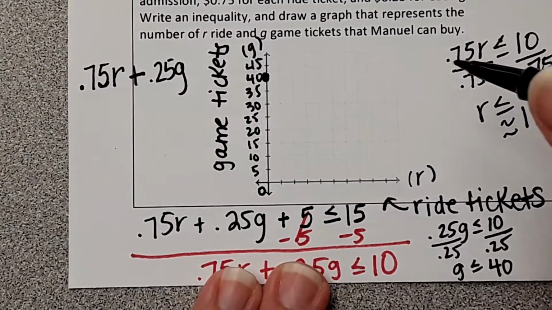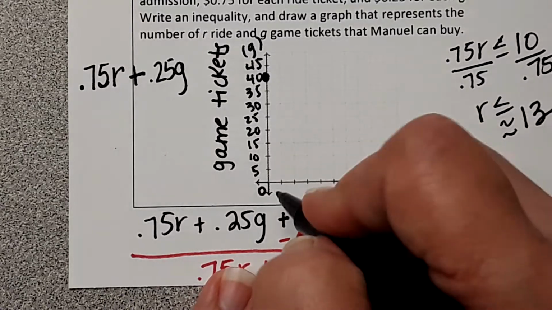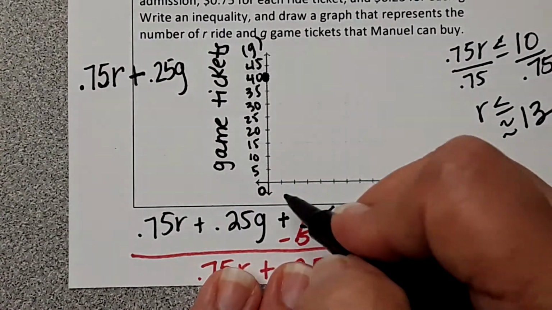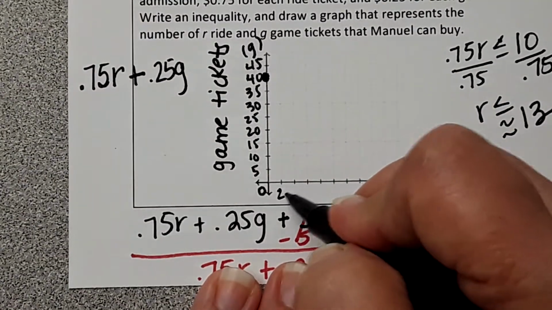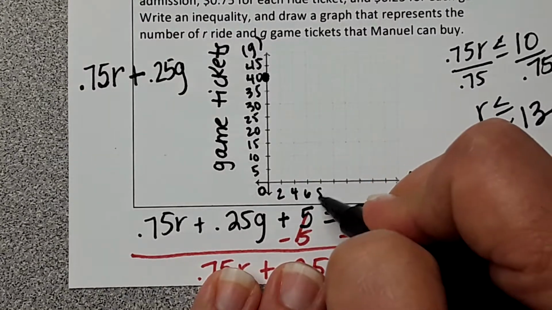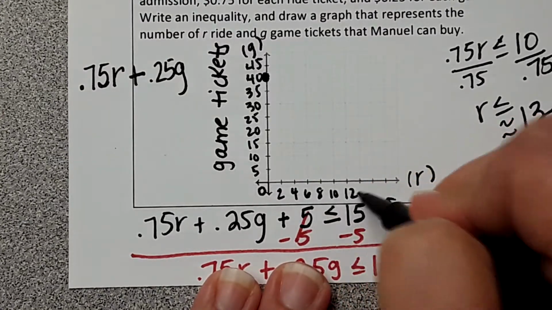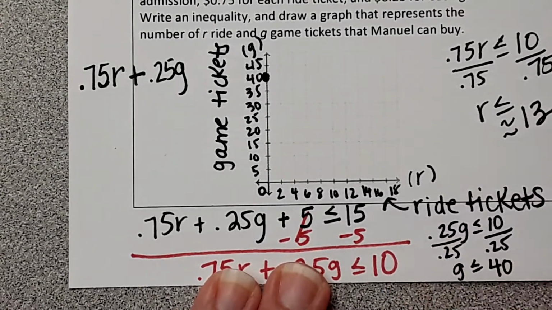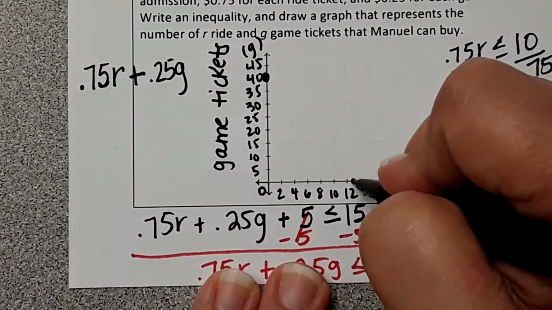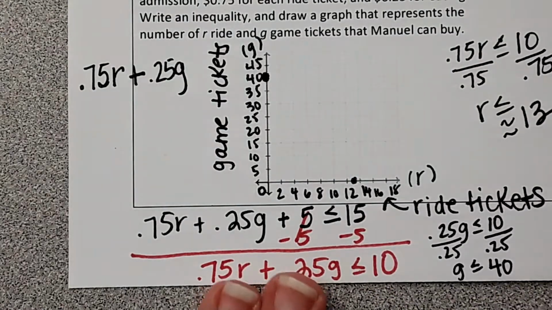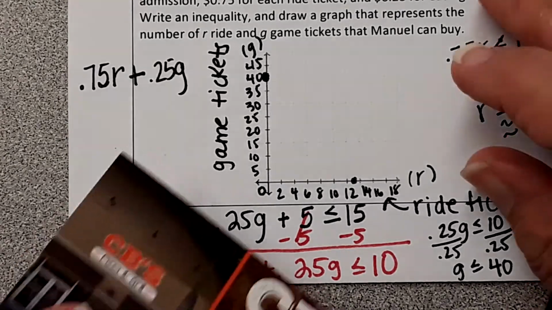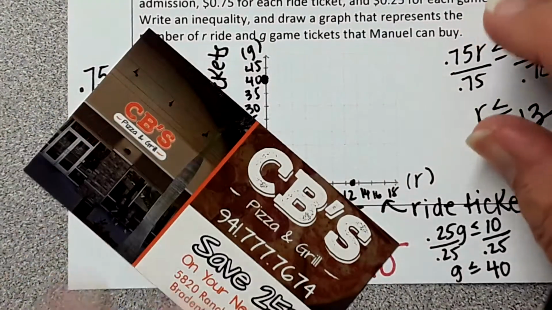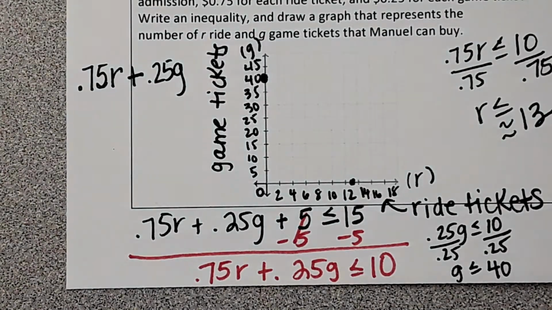And then ride tickets. Let's do 2, 4, 6, 8, 10, 12, 14, 16, 18. And we know it's somewhere in between. And then is our line going to be solid or dotted?